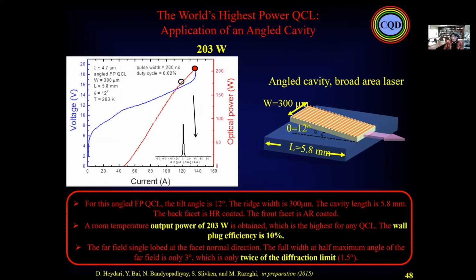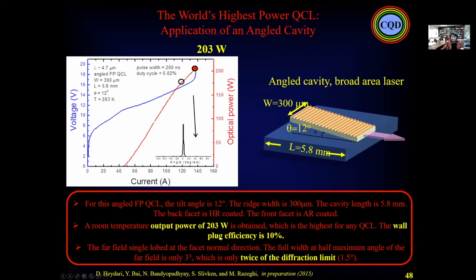By that, we came up with the world's highest power for a crucial application, an angled cavity. For this angled Fabry-Perot, we tilted the angle about 12 degrees, that is for 4.85 micron, and the ridge width is only 300 micron, and the cavity length 5.8 millimeter. Back facet is HR coated, front facet is AR coated.